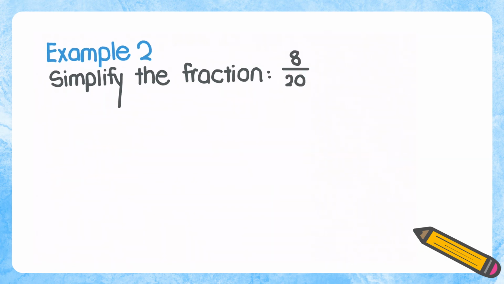For example 2, we're going to simplify the fraction 8 over 20. First, let's look at the numerator 8. We're going to write out all factors of 8. So that's going to be 1, 2, 4, and 8. Next, let's write out the factors for our denominator, 20.